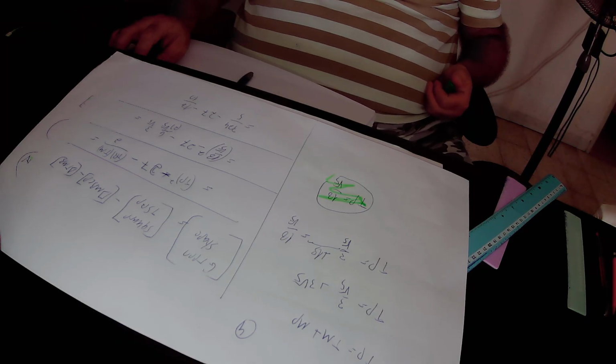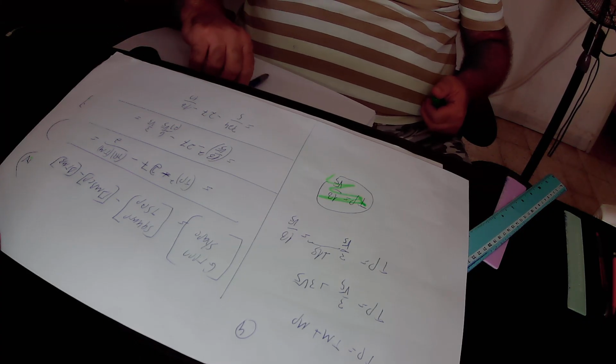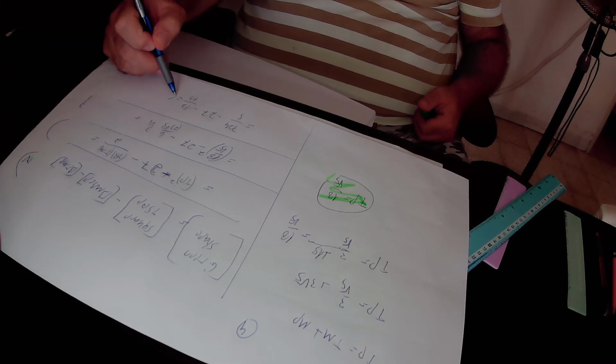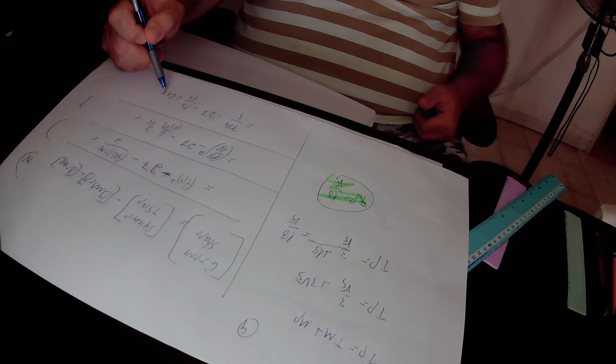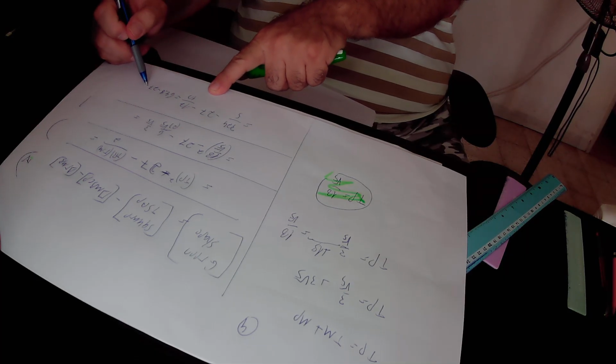So 324 over 5 equals 64.8 square units in size, minus 27, minus 18 over 10, which is minus 1.8.